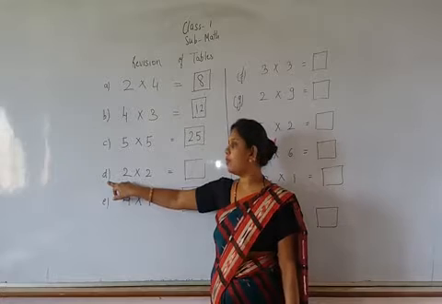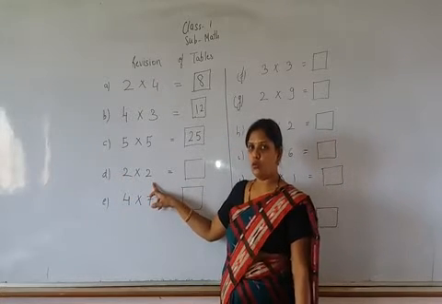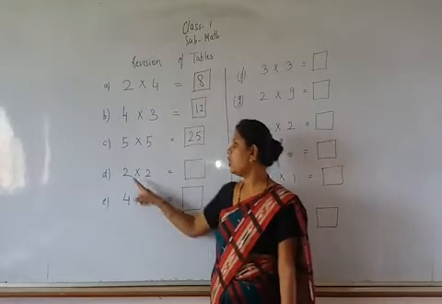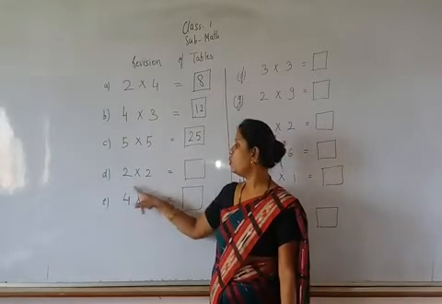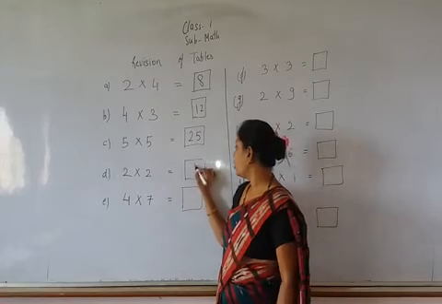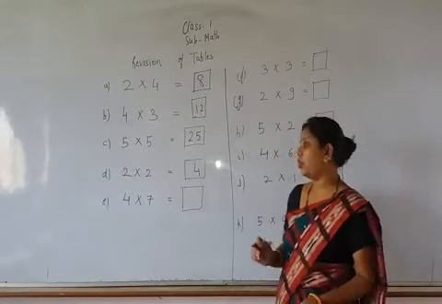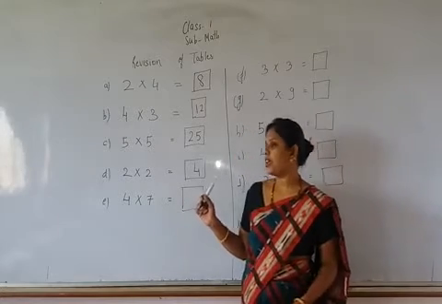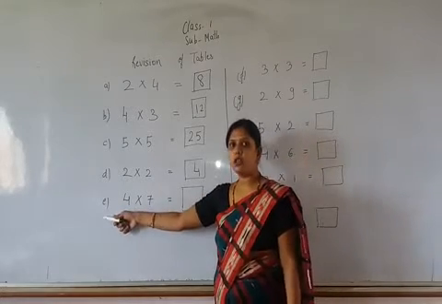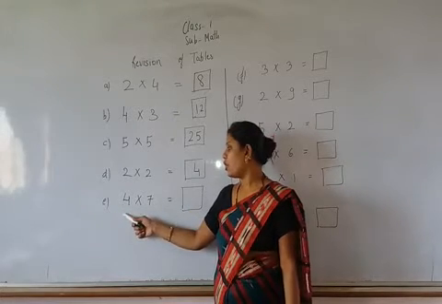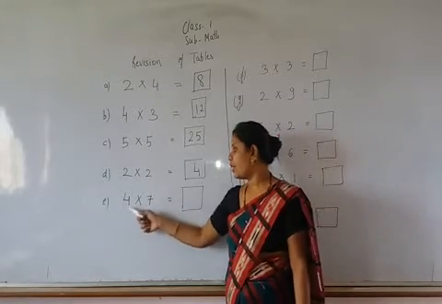Now, what is the next question? D. What are the two numbers here? 2 and 2. So how do we read it? 2 2s are 4. Now next, E. What are the two numbers here? 4 and 7.